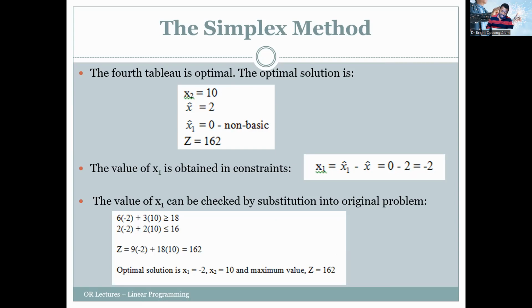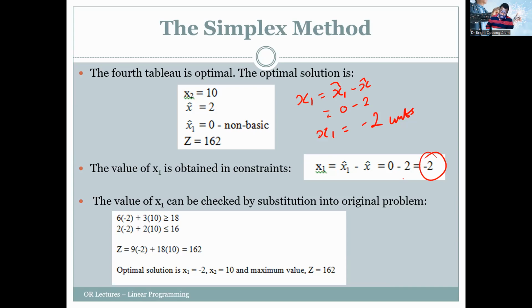And Z is 162. So we replace x1 with x1 cap minus S cap, and if x1 cap is 0 and S cap is 2, then x1 is actually negative 2 units, right? Which is here.